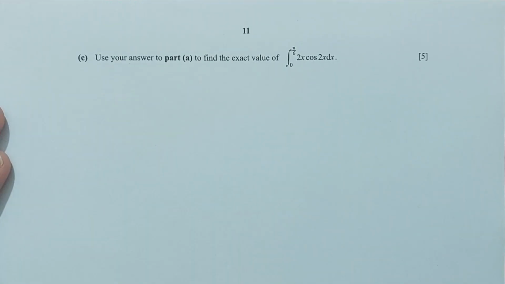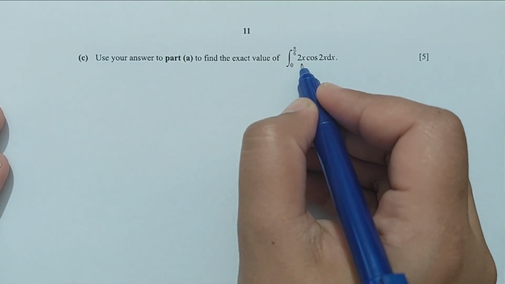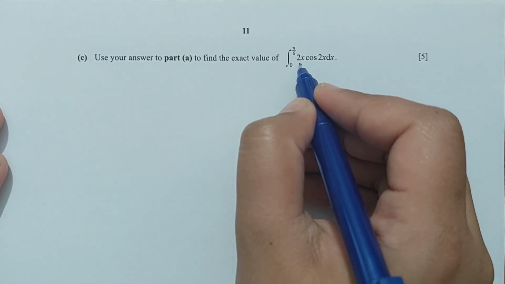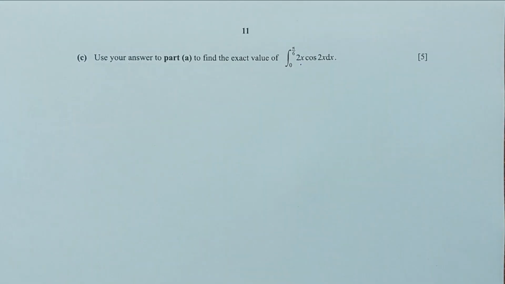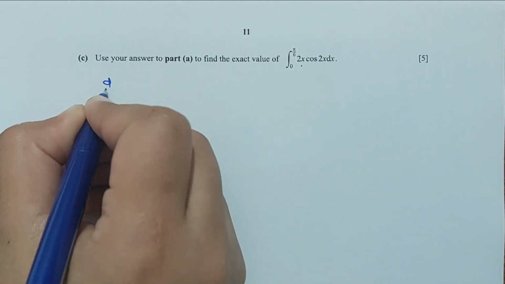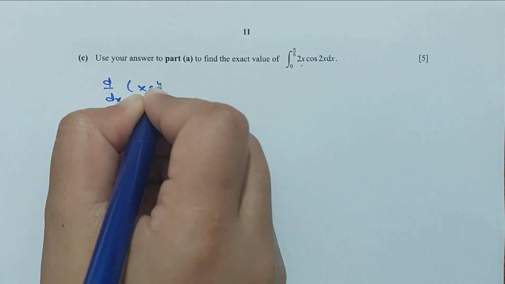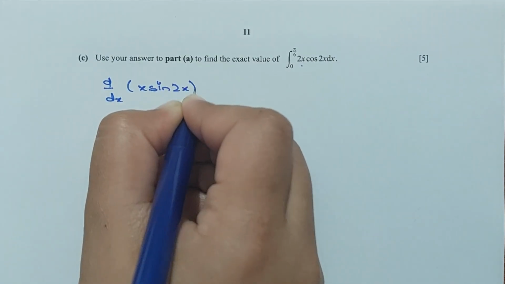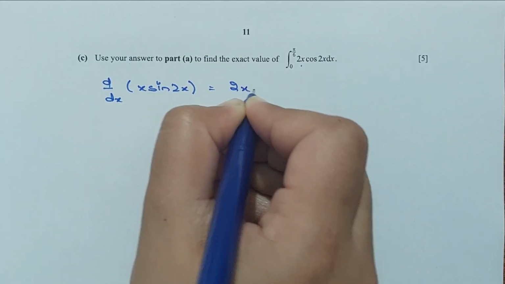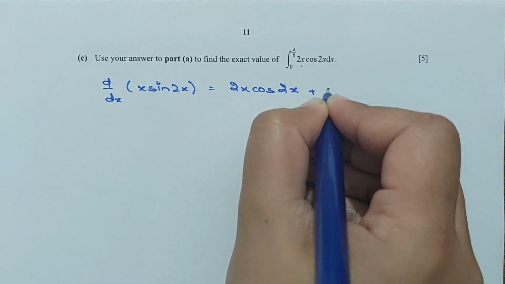Now for part C. Use your answer to part A to find the exact value of the integral from 0 to pi by 6 of 2x cos 2x dx, right? From part A we have d by dx of x sine 2x equals 2x cos 2x plus sine 2x.